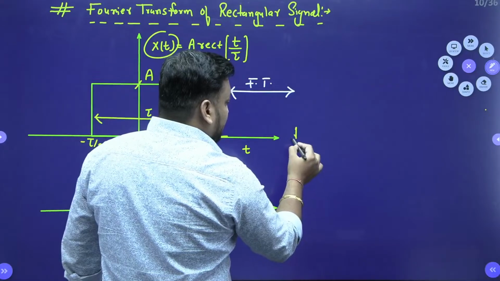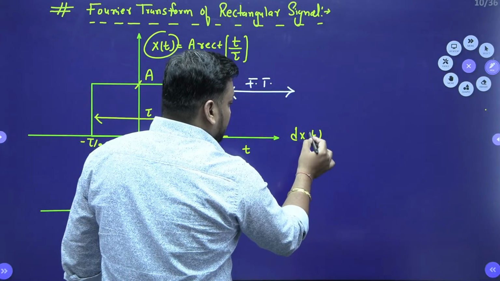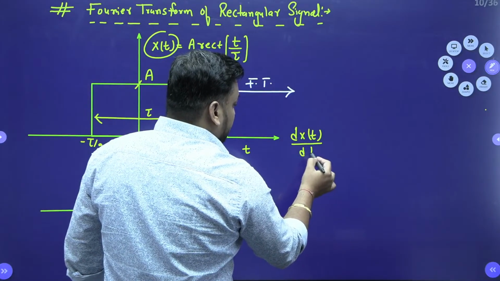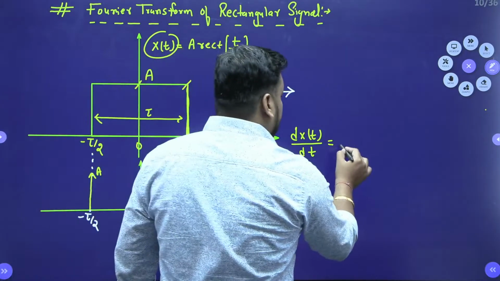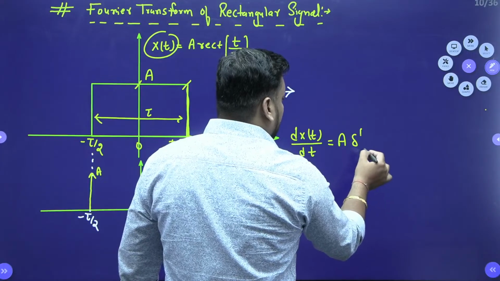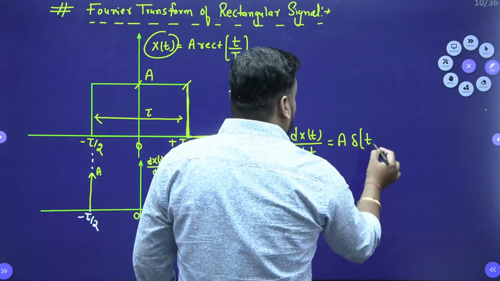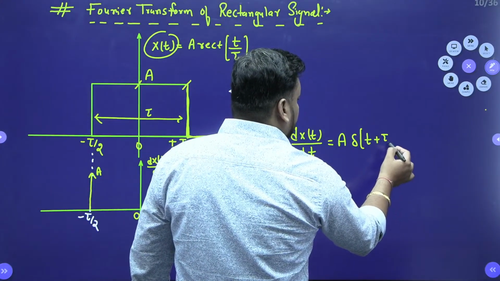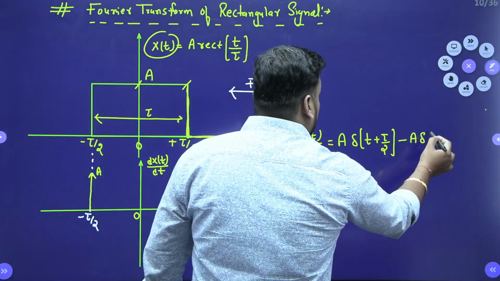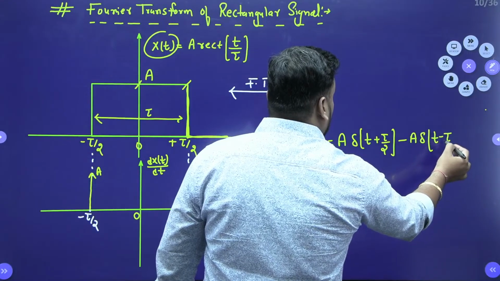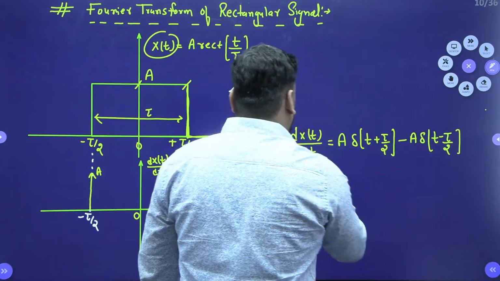If I write the dx(t)/dt equation, it will look like A times delta of t plus tau by 2, and next the amplitude is minus A delta of t minus tau by 2. I hope till here everything is clear.